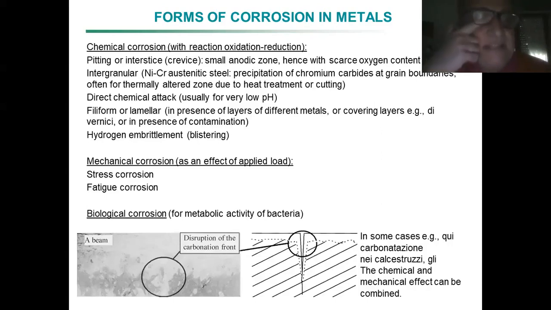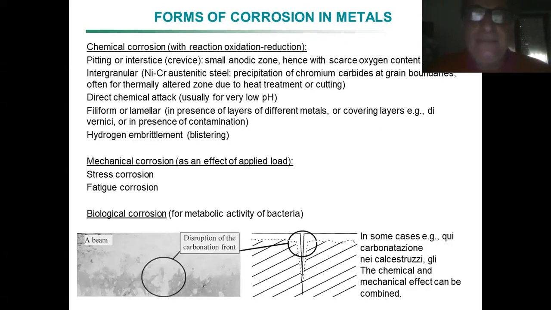Pitting means that you have holes, real physical holes, which might go very deep into the thickness of your metal, because this is a direct attack.